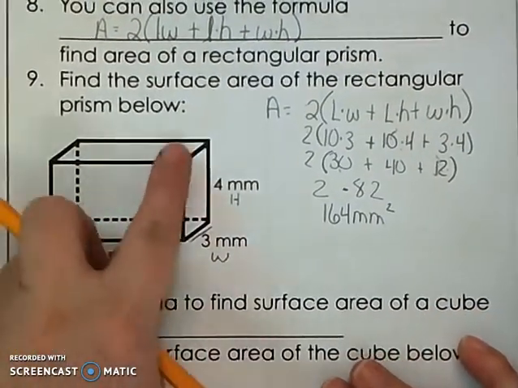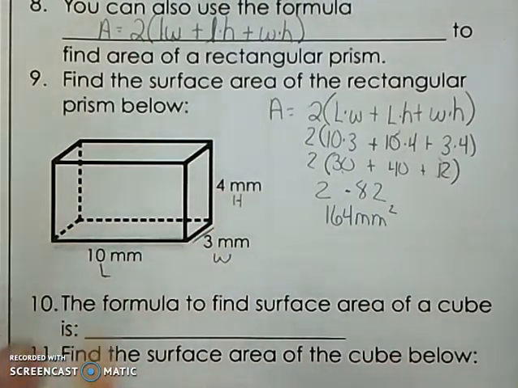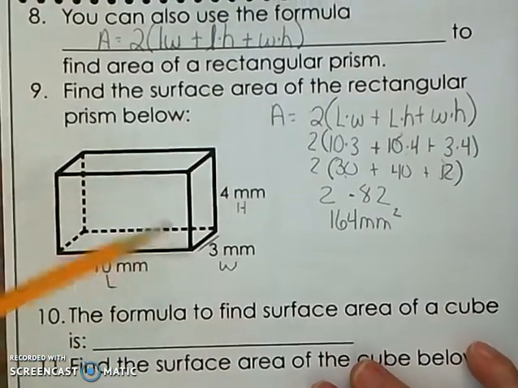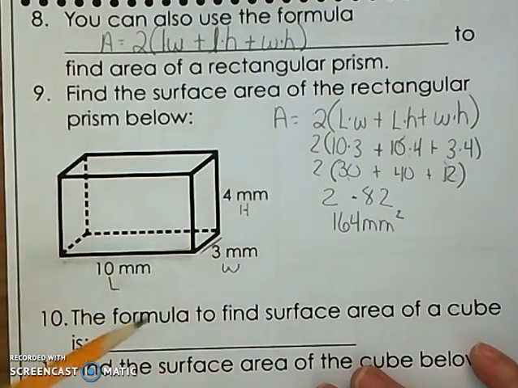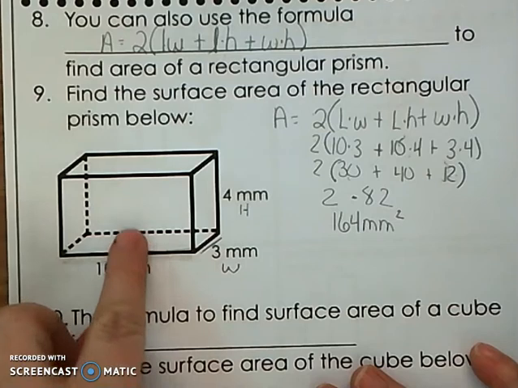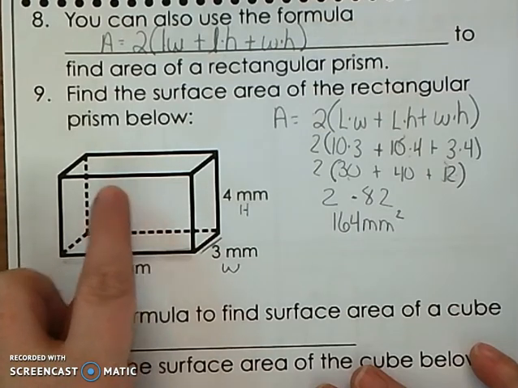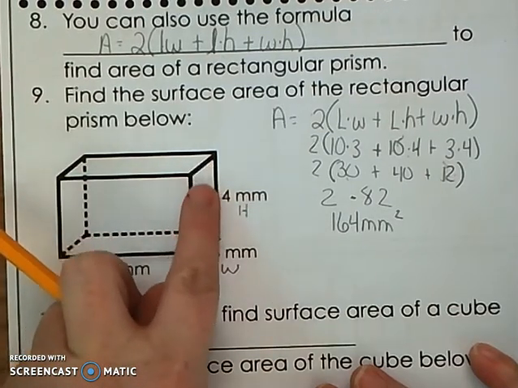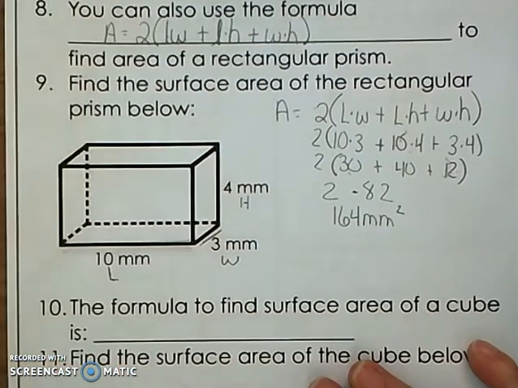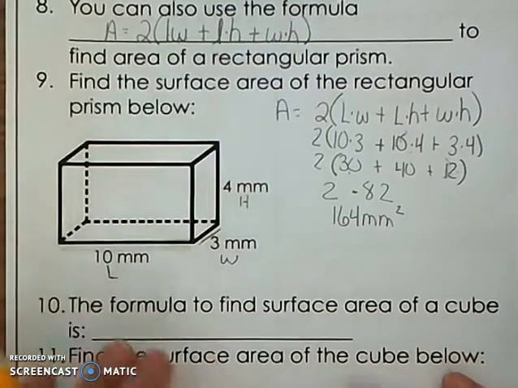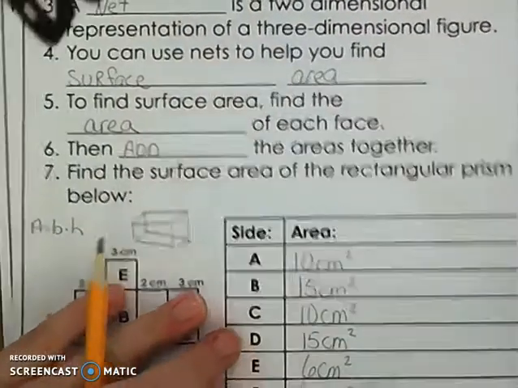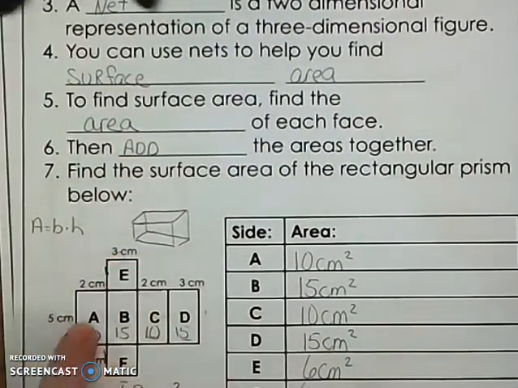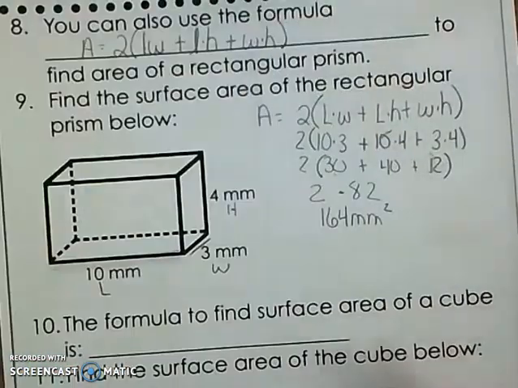If you don't want to do that, you can make this a net almost, or you can just think it has 6 sides. All rectangular prisms have 6 sides. They have a front, which is right here, the back is right here, a left side, a right side, a top, and a bottom. So the other way you could do this is by doing it like we did on the first page, breaking it down into all its parts.